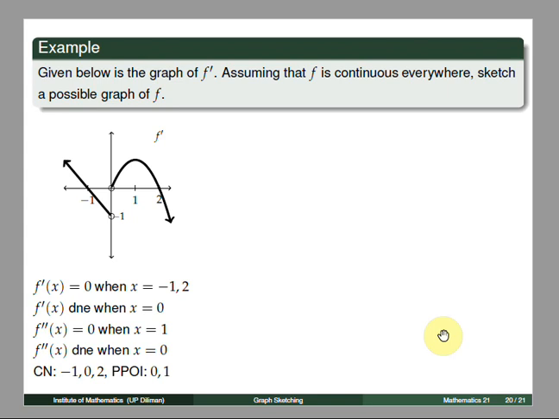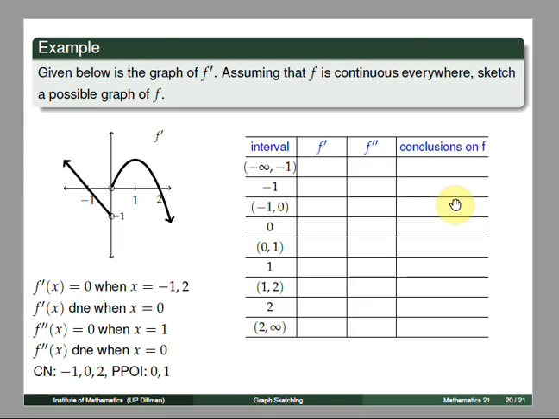So again, we will present the table of signs in a vertical manner, and we cut the real number line with the critical numbers and possible points of inflection. Since f is continuous everywhere, we do not have a vertical asymptote. Okay, so the intervals are as follows. We have cut the real numbers at -1, 0, 1, and 2. Those are your critical numbers and possible points of inflections.